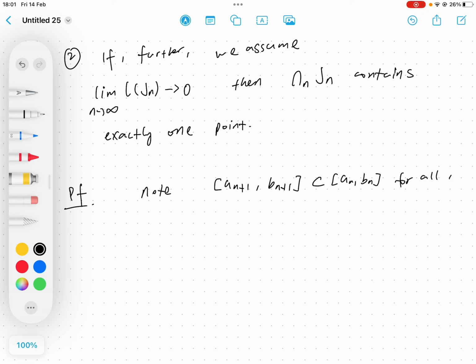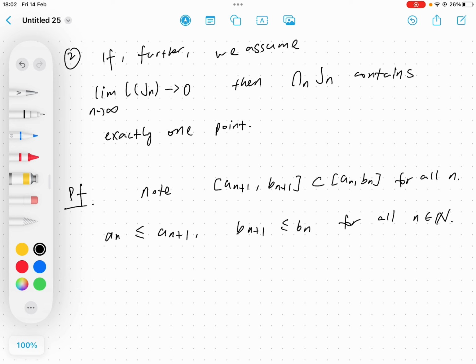In particular, we have An less than or equal to An plus 1, and Bn plus 1 less than or equal to Bn. And this is for all n.